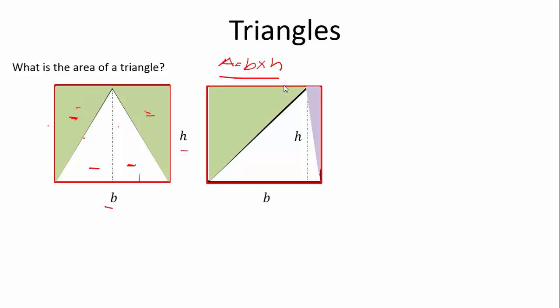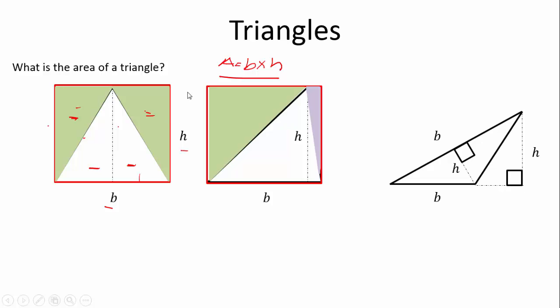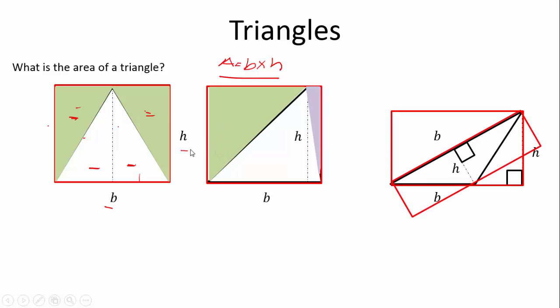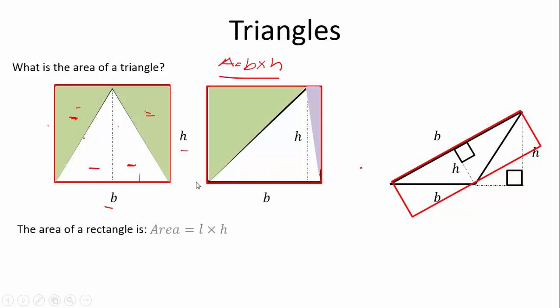Okay, just remember this. We could also have a triangle like this, and we could draw a rectangle around it. And here we could draw a rectangle around there. These are two different triangles, and both would work. The areas would be the exact same. Right, so we have the area of a rectangle is length times height.